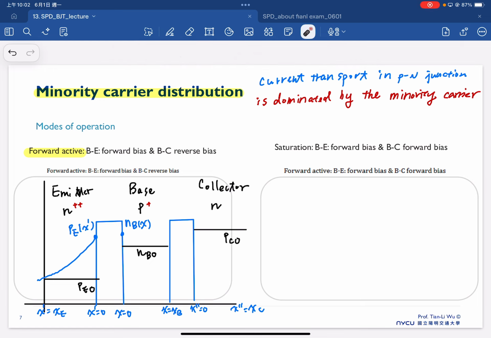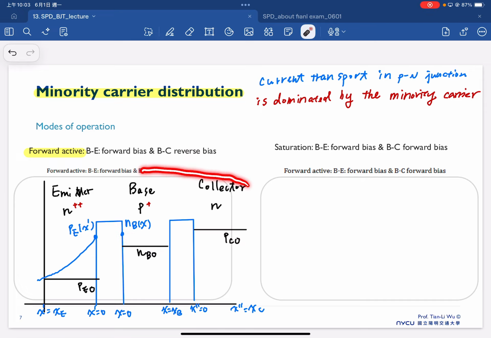If you remember the previous analysis for the PN junction, we should get a graph something like this one. In the end it will reach the equilibrium minority carrier concentration, which is N_B0.